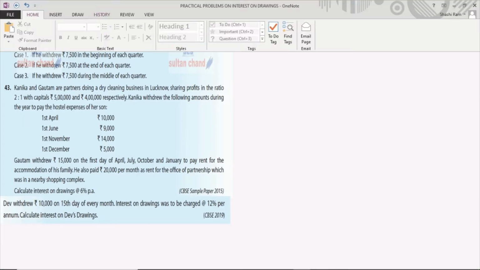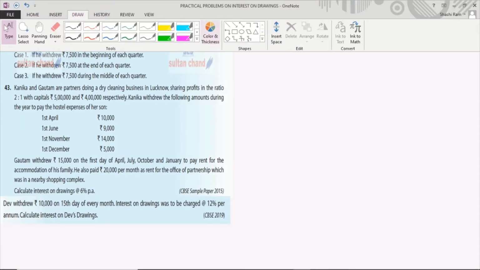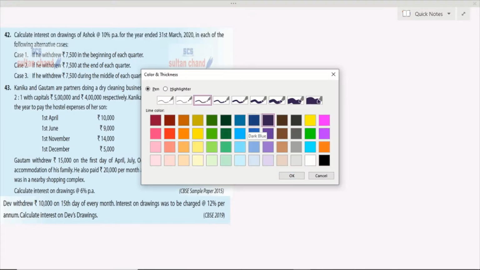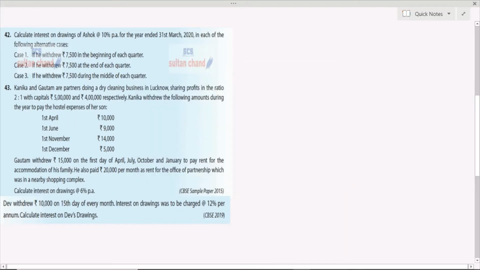These are the cases given: beginning of each quarter, end of each quarter, middle of each quarter. Each quarter here means in a year there are four quarters.